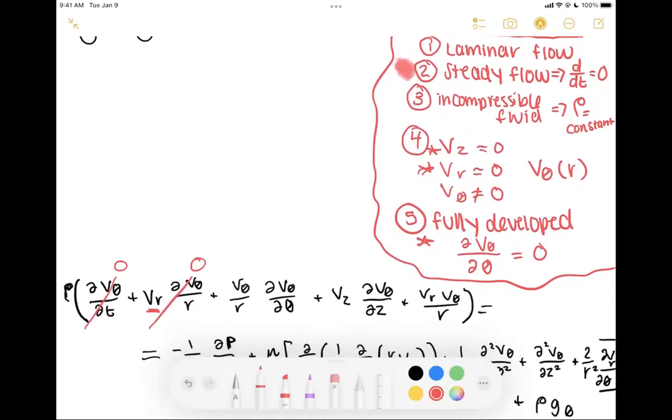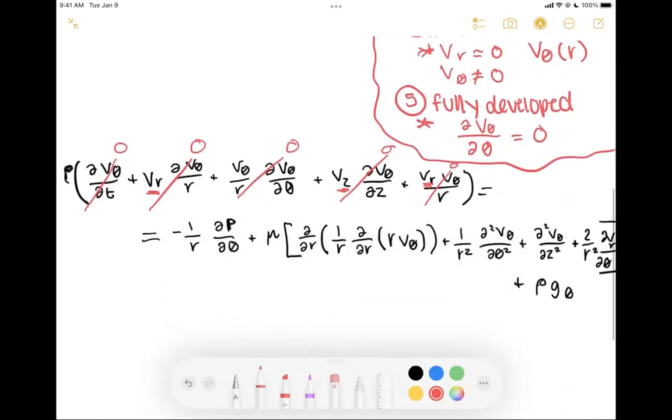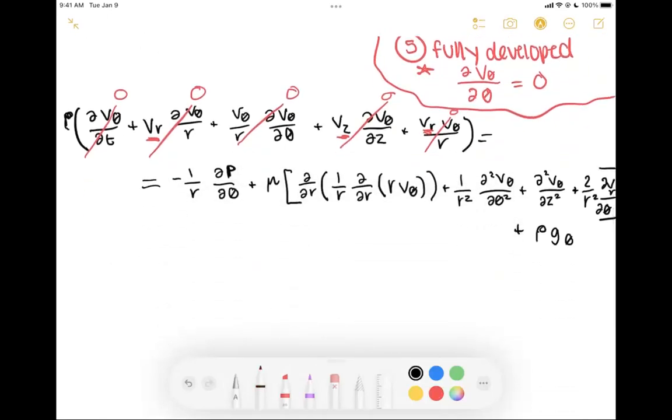V theta, dV theta over d theta is equal to 0 because it's fully developed. And then VZ is equal to 0, so this is 0. Here VR is equal to 0, so all that multiplied together is equal to 0. So on one side of the equal sign, we have 0.